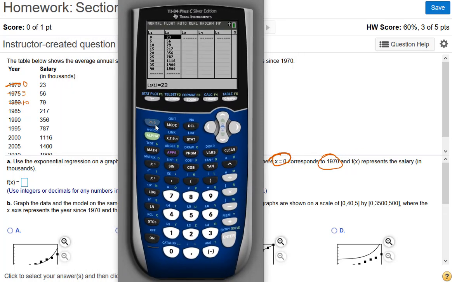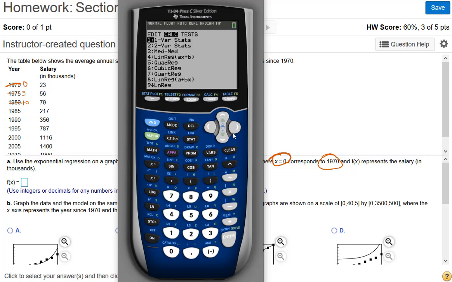To do the exponential regression, we go Stat, Calc. We want to scroll down until we get to EXPREG. We press Enter, and this works just like the other ones that we've been doing. We scroll to Calculate, press Enter again, and we get our answer.